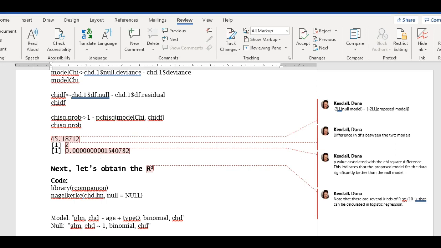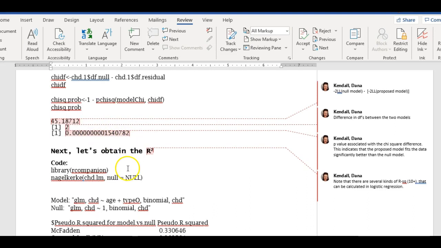And nested models means that we start with the null usually, or one predictor, and then we add slowly and we build the model, and then we stop adding predictors when they don't give us a significant change in chi-square, basically. So nested models are important, and in this case we have fulfilled that requirement.